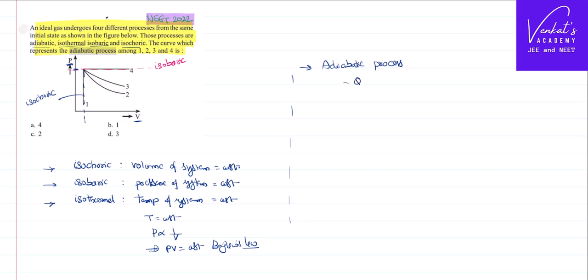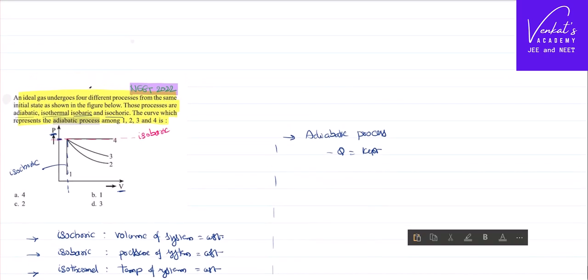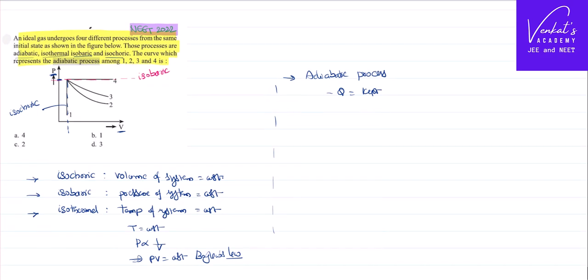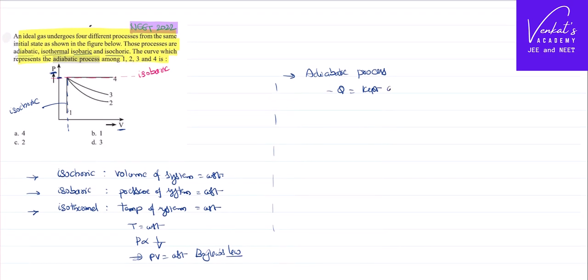That means heat energy of the system is kept constant. As the heat energy of the system is kept constant, change in the heat energy of the system is equal to 0. But because of internal collisions, the temperature will be varying. So temperature of the adiabatic process is not constant.